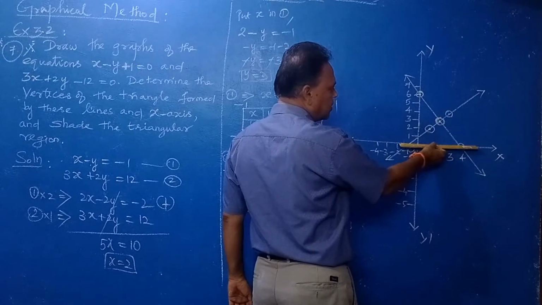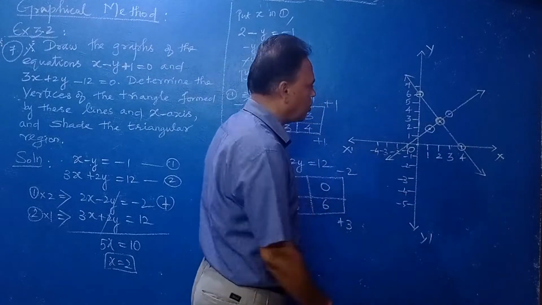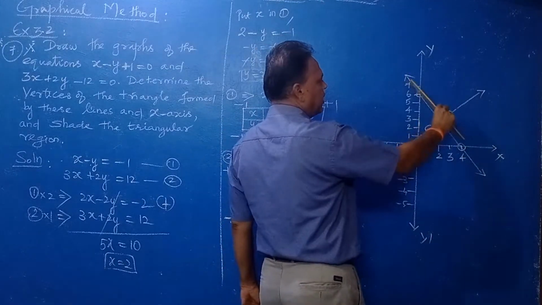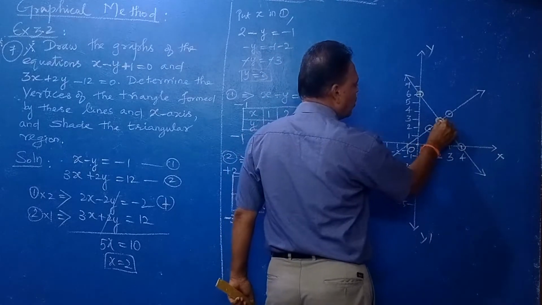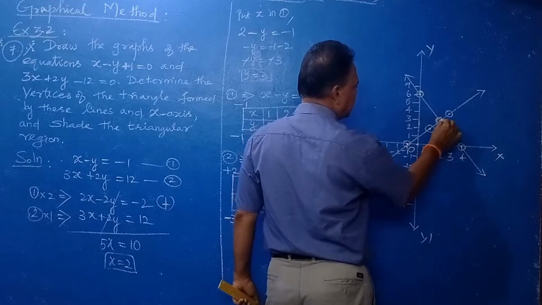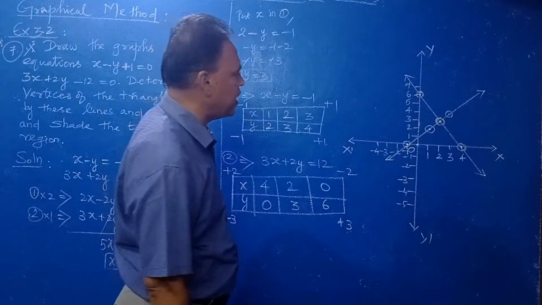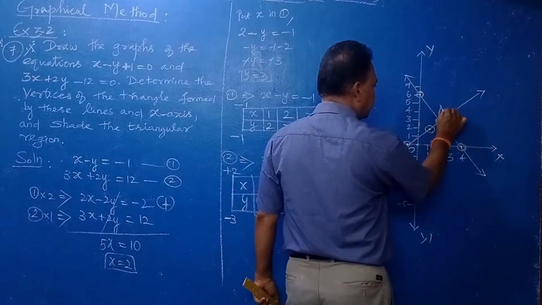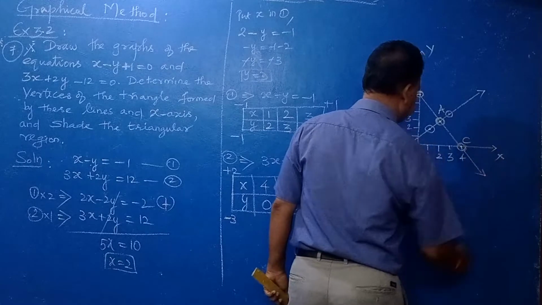So for a triangle you need 3 lines: the 2 given equation lines and 1 more, the x-axis. Clear? So the meeting points of all the 3 lines are the vertices of the triangle. You name them: this point is A, this point is B, this point is C.